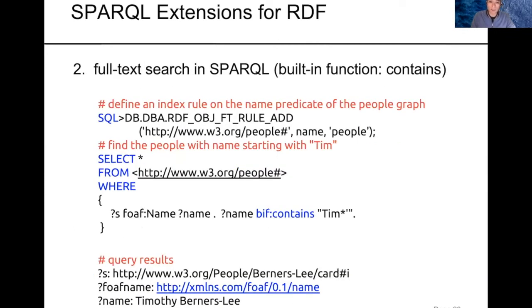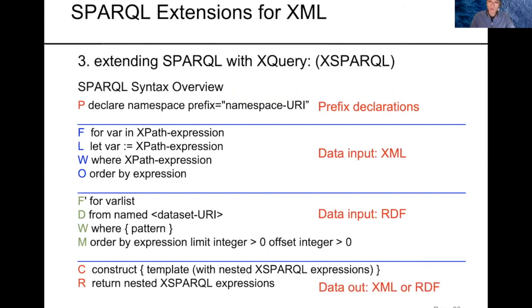As we said, Spark can also be extended to support full text search by building functions, right? So it's quite simple. We just skip it. To support XML data, Spark can be extended with XQuery syntax. So we call it XSpark.